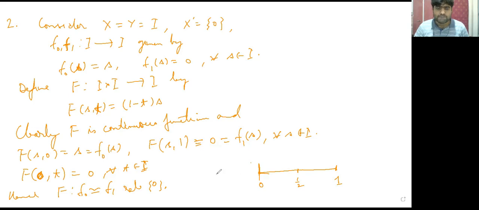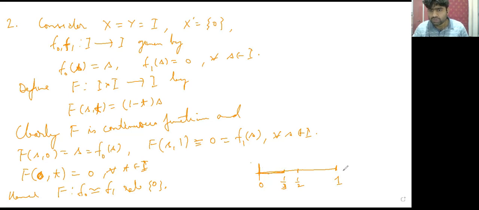For t equal to maybe 1 upon 3, what happens? We'll have something like this. So the whole interval is shrunk to this one, right?